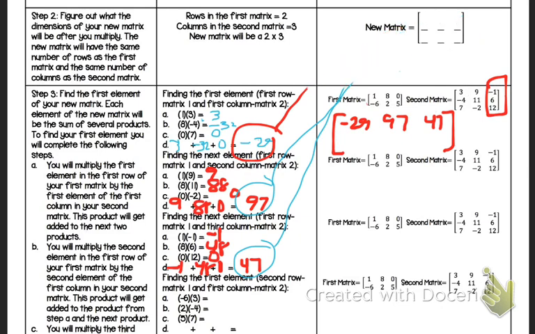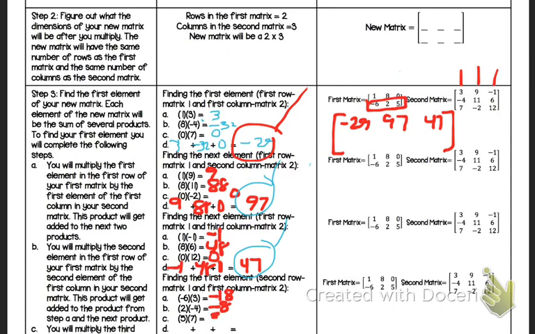Okay, so then next, erase all this stuff. Next we need to get to the second row. We're going to do the same process except now we're going to use the second row with each of these columns. So the second row, first column. We're going to multiply negative 6 with 3 to get negative 18. 2 with negative 4 to get negative 8.